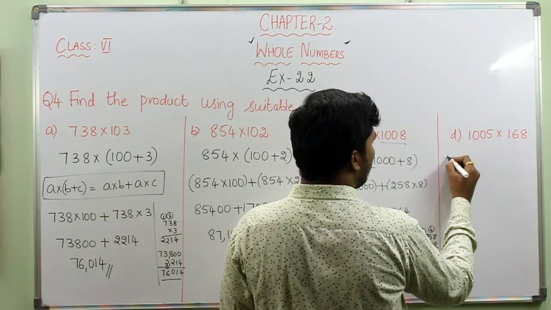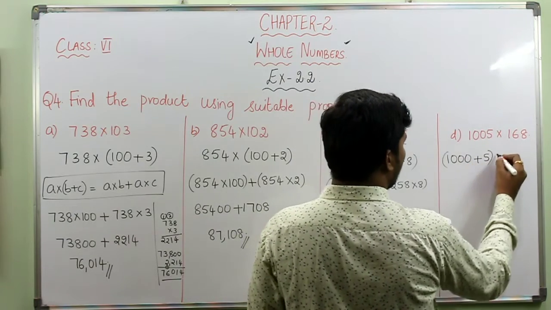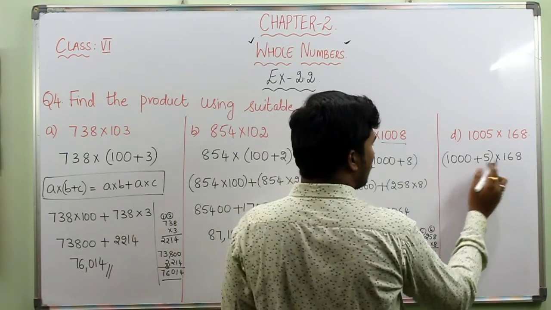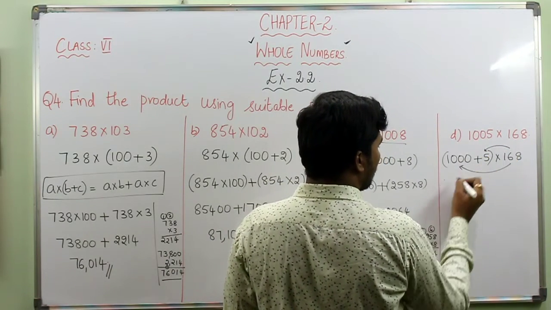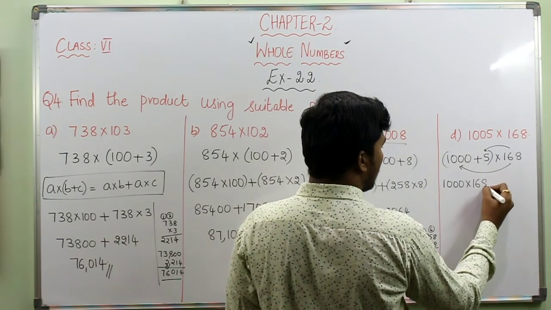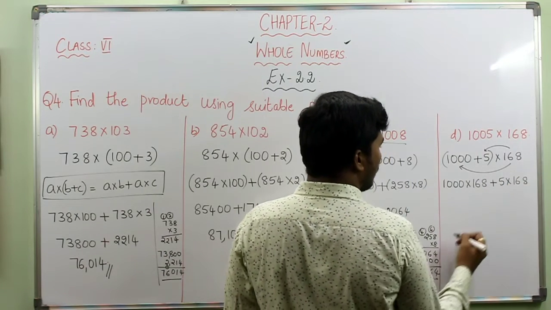So 1005 you can split as 1000 plus 5, into 168. So 1000 into 168 plus 5 into 168.